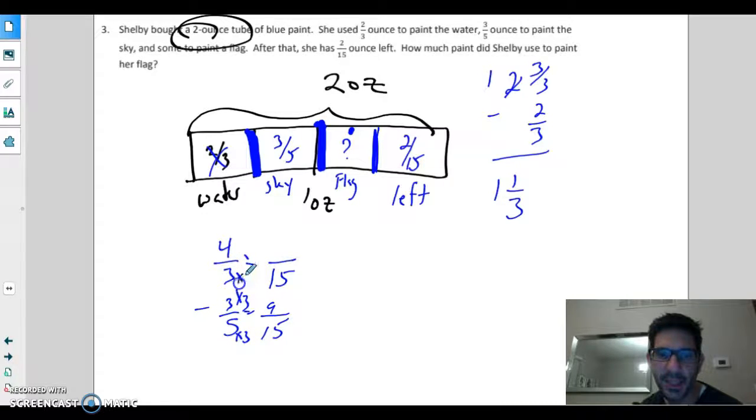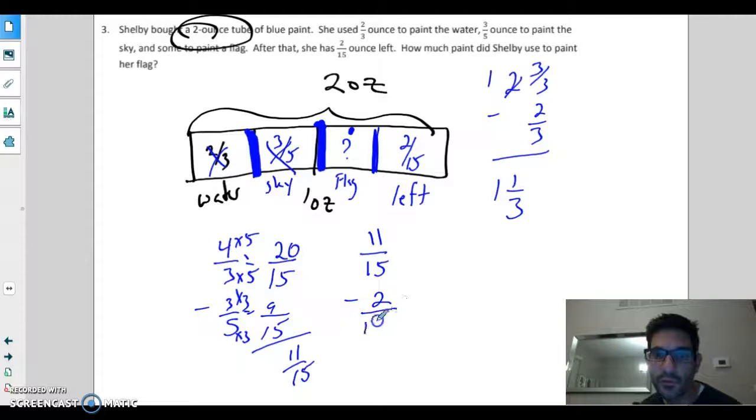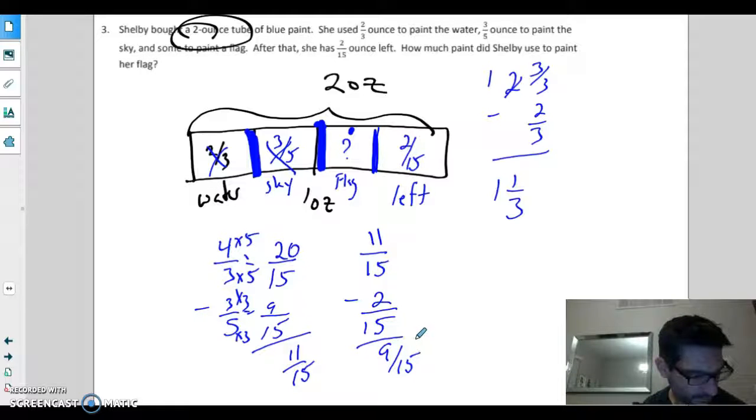That's 9. That's a 5. Equivalent fractions, guys. So that's 11/15. So now I got 11/15 minus 2/15, and that should equal 9/15.